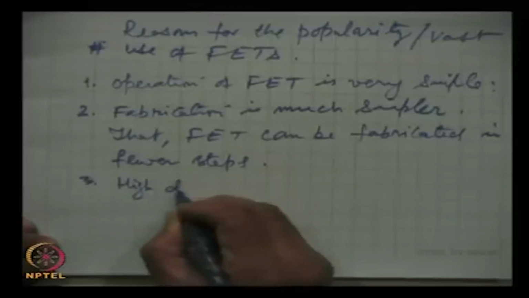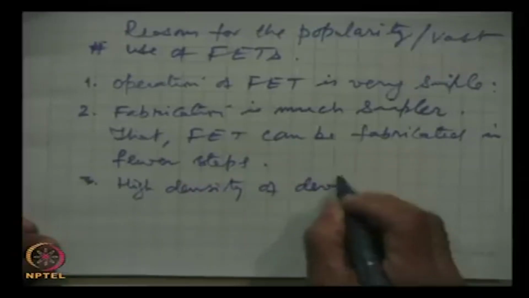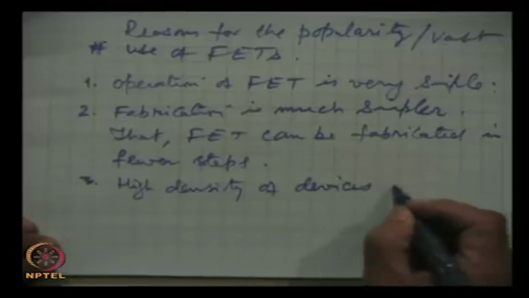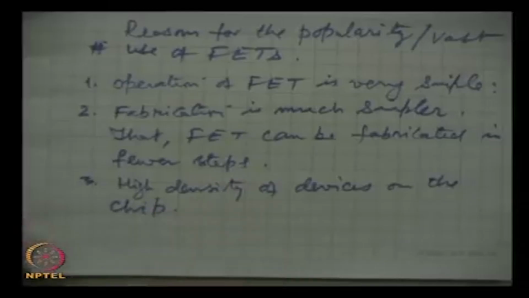As a result, there is very high density of devices on the chip. The area which a MOSFET device, this FET device, takes is very small, at least 1/5, and hence the density is very large.